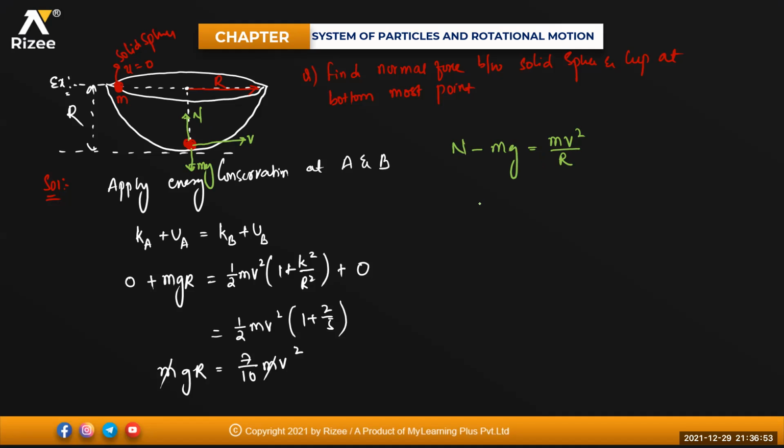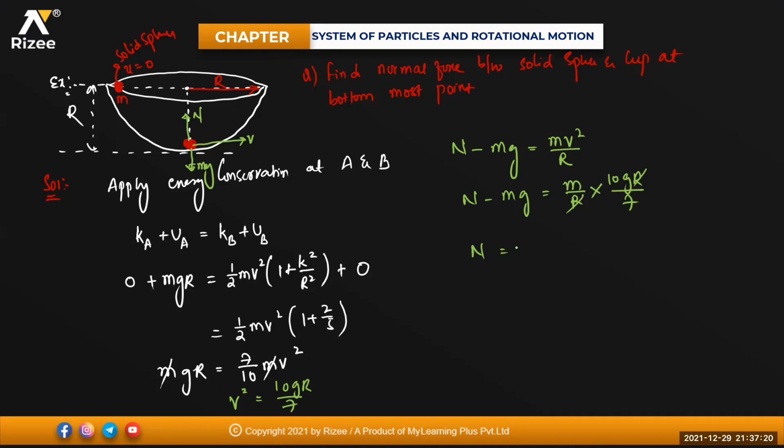Okay, so from this, N minus mg will be equal to m divided by r into v square. So from here I can write v square is equal to 10 gr divided by 7. So this will be your v square value, 10 gr divided by 7. This r will get cancelled.